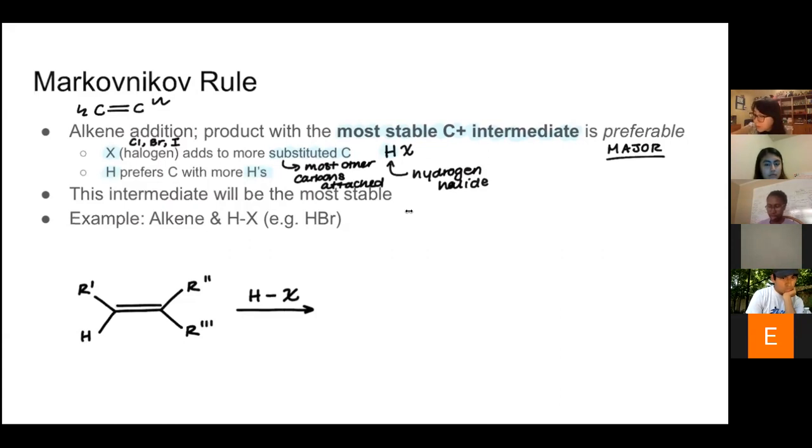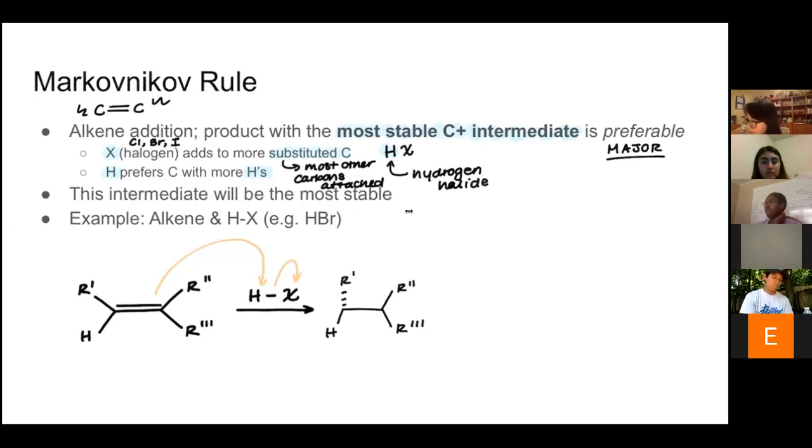So down here we have an alkene and HX. Let's go ahead. The double bond is going to hit the H, and take off the X. Let's take that off, and I'm going to draw it like that.